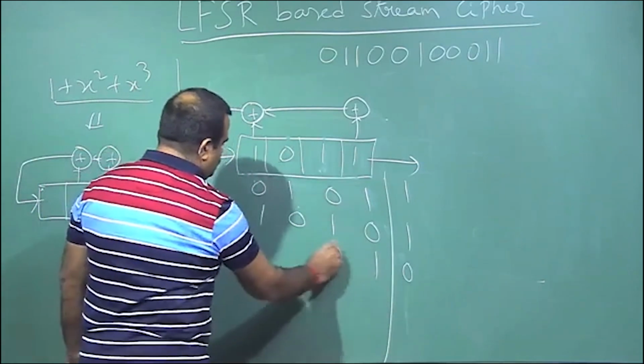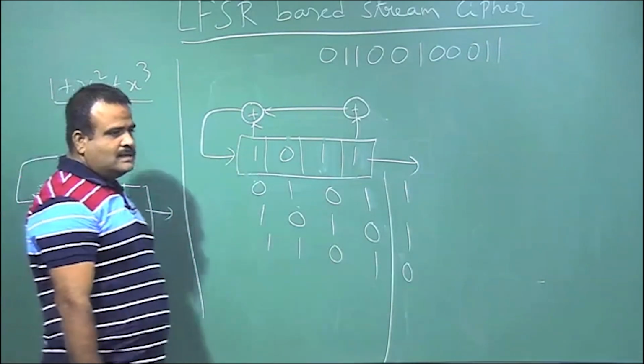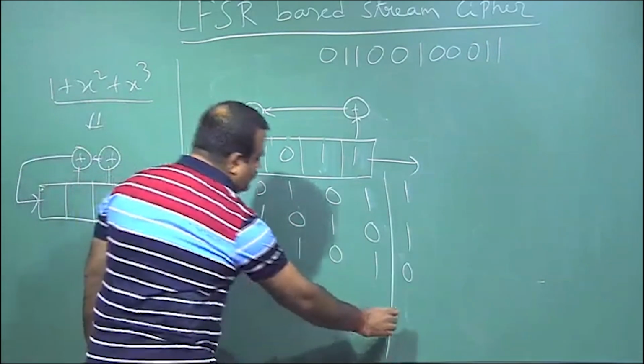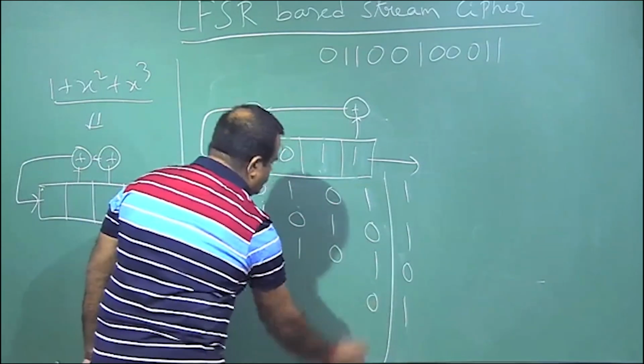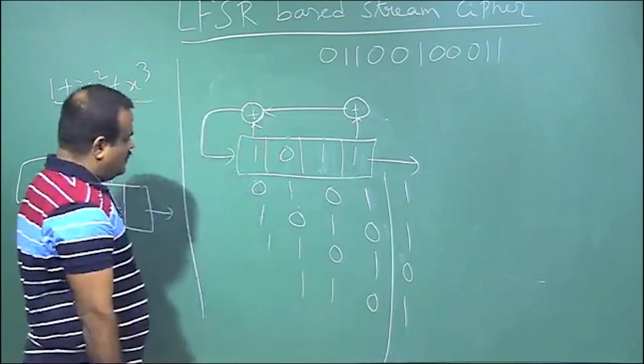Then this 1 0 1, these 2 will give us 1, and then again this 1 will go here, this 0 will come here, 1 will come here, this 1 will come here, and this is 0.